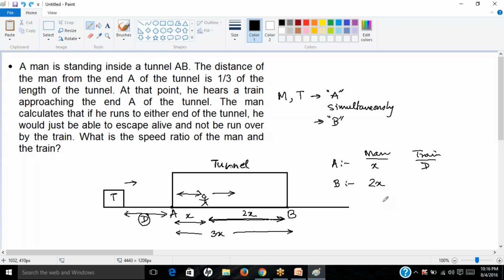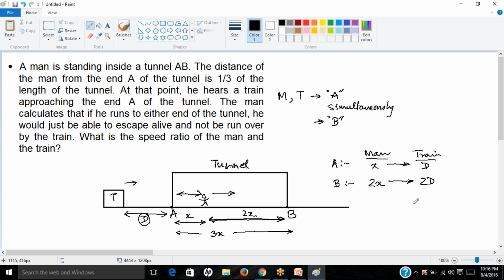So to cover the distance 2x, he would take twice the time as the previous case. So in that twice the time, the train should have covered 2D, am I right? If the man covers X, the train covers D. If the man covers 2X, the train covers 2D.